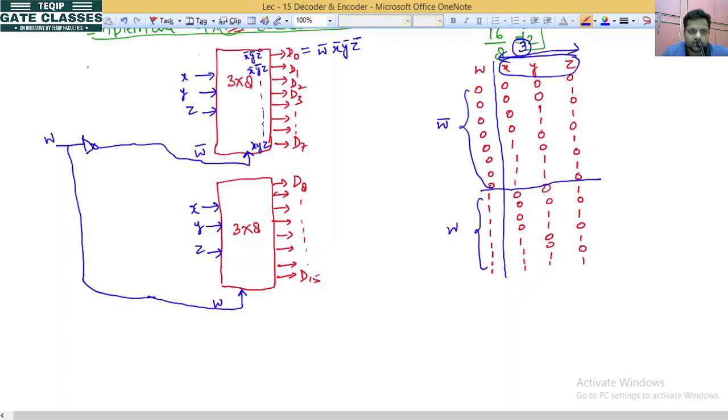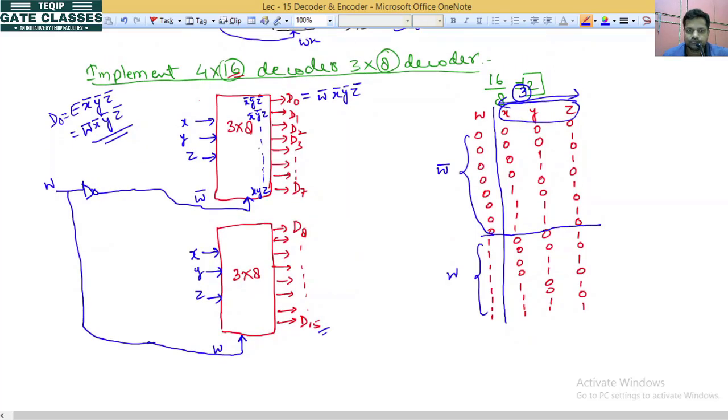You know that if you want to implement D0, the value of D0 will be E, the enable input, and the combination of this D0 input combination. So the value of E here is W bar, and X bar, Y bar, and Z bar. In this way we have to calculate till D15. So this is the implementation of 4x16 decoder with the help of 3x8 decoders.